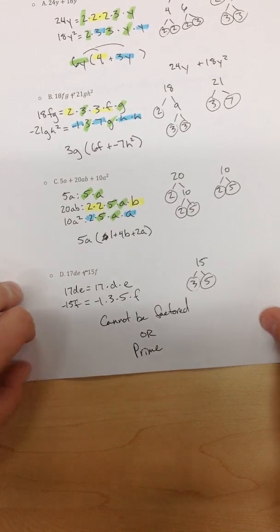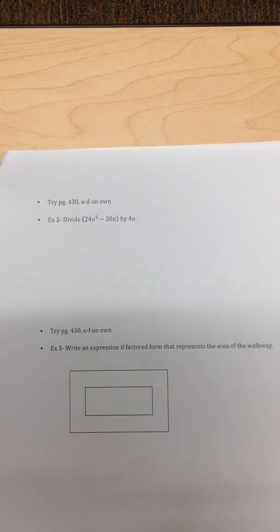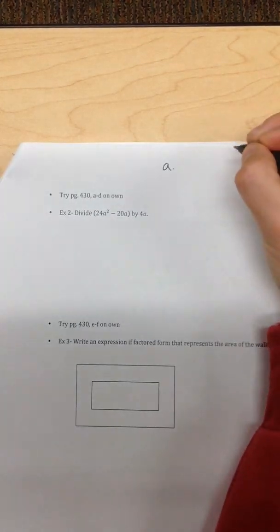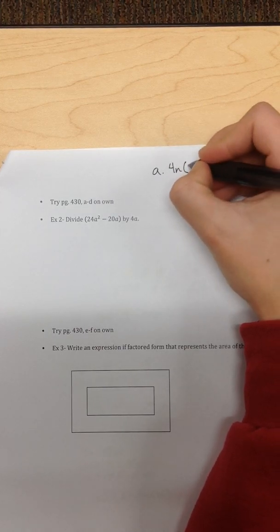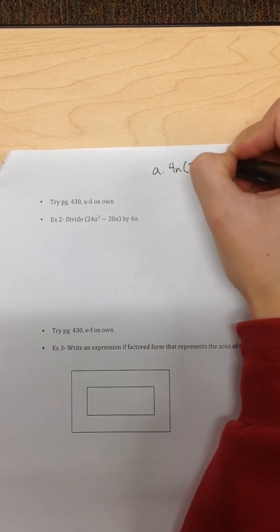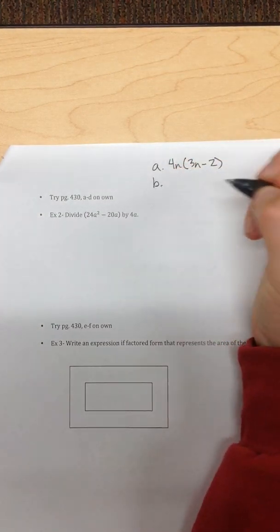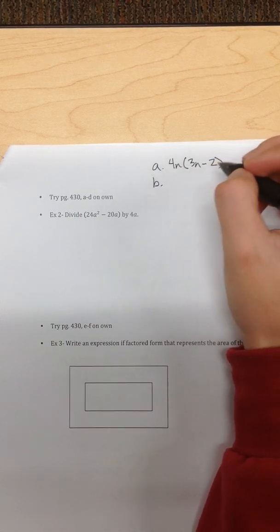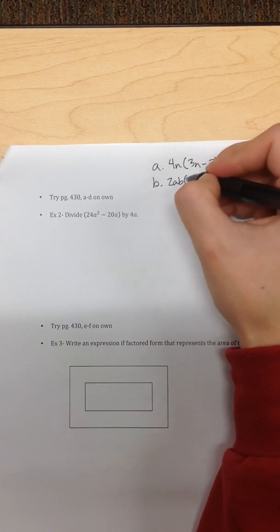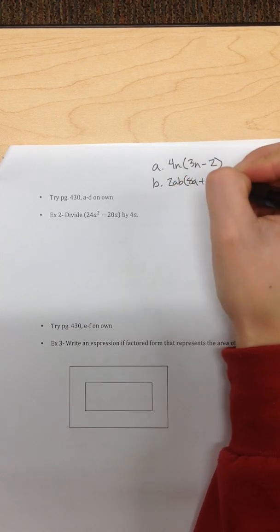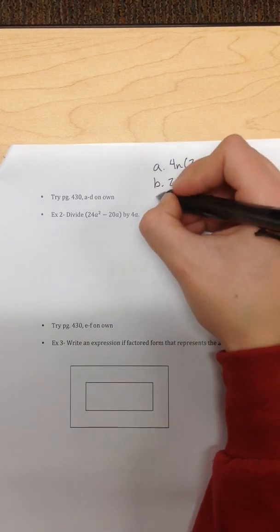Okay, so let's flip our page here and try some. On page 430, try out A through D, and then I will get you your answers. For A, they got 4n out front, and then in the parentheses, 3n minus 2, which could also be plus a negative 2. For B, they got 2ab, and then in parentheses, 8a plus 5b.